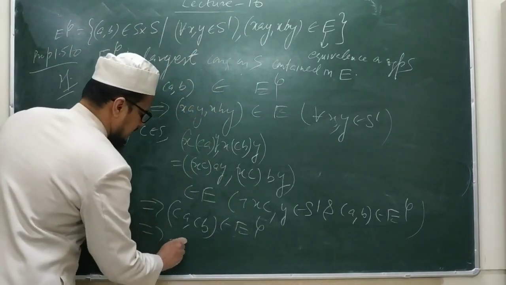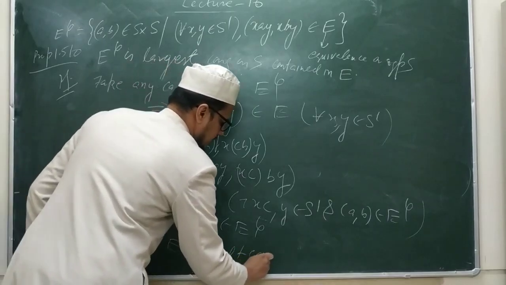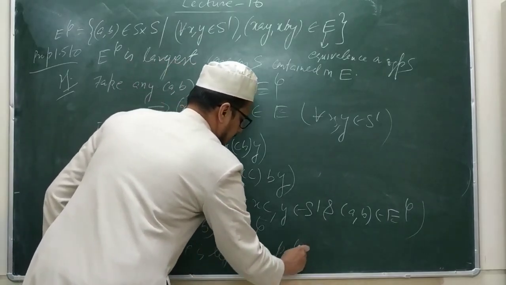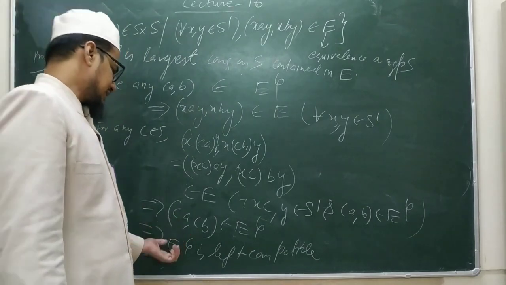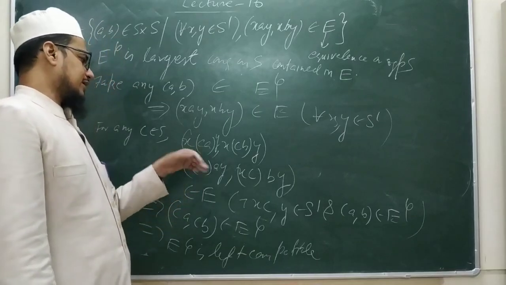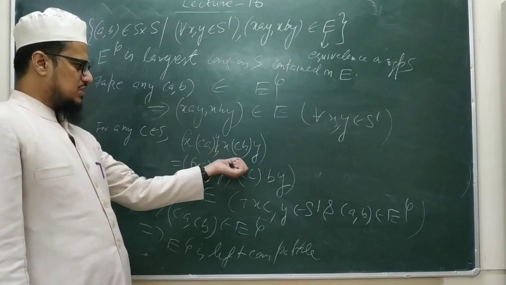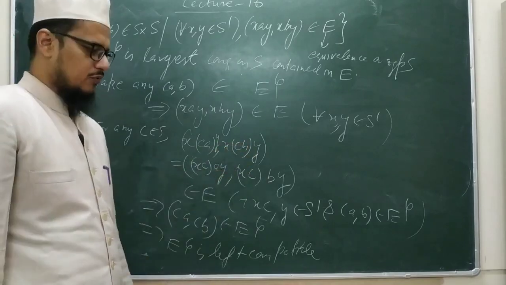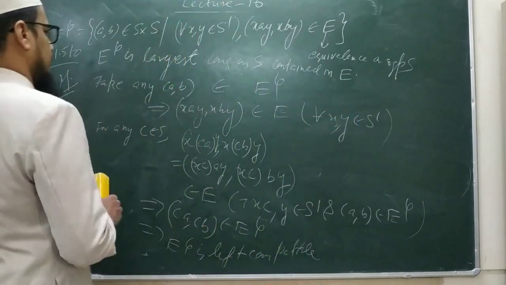It implies that E natural is left compatible. Now all of you can prove by yourself that E natural is also right compatible in a similar way. Just you find out the value of XACY comma XBCY and prove it. So E natural becomes a congruence.